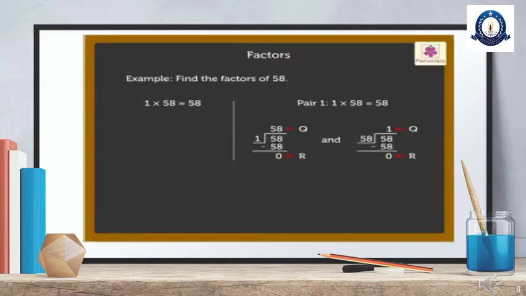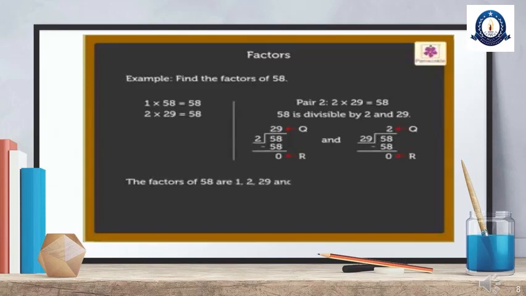Thus, it means that 58 is divisible by 1 and 58. The second pair of numbers which gives the product 58 is 2 into 29. Thus, the factors of 58 are 1, 2, 29 and 58.